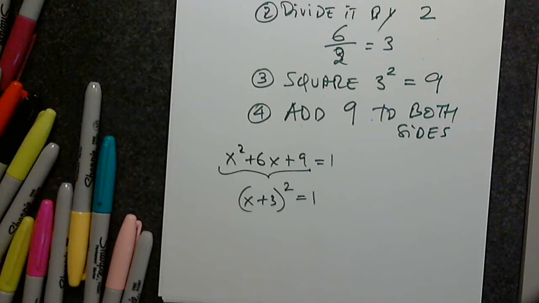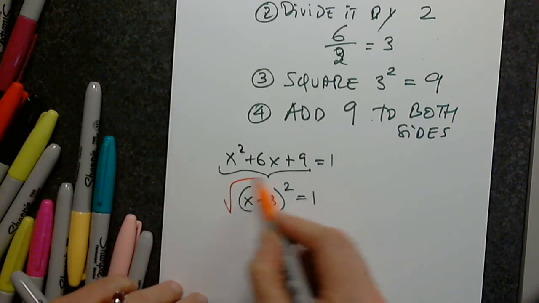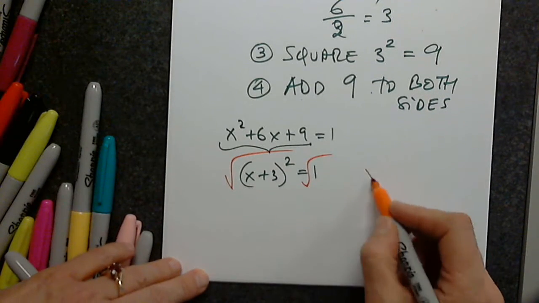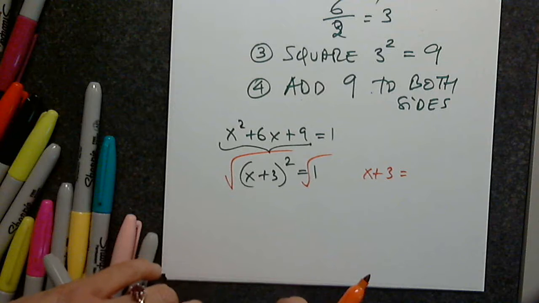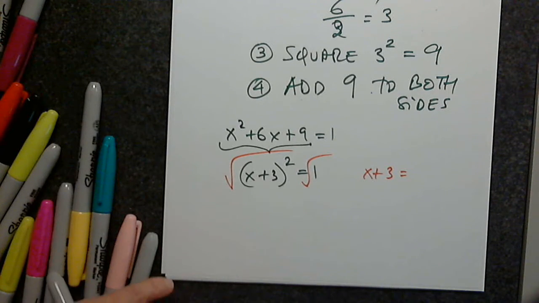And now what? I haven't solved the equation. That's why I'm saying completing the square alone will not do the job. But then you could take the square root. I have to. So all this work led to this, but not to the final answer. That's why we look at taking square roots first and then completing the square. So then the answer will be x plus 3 equals plus or minus 1.